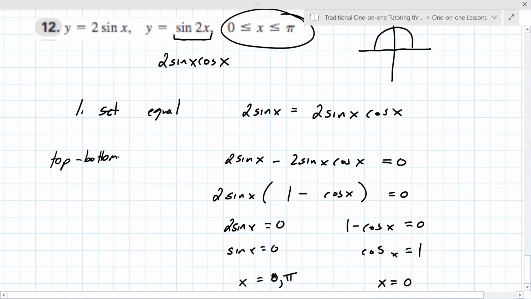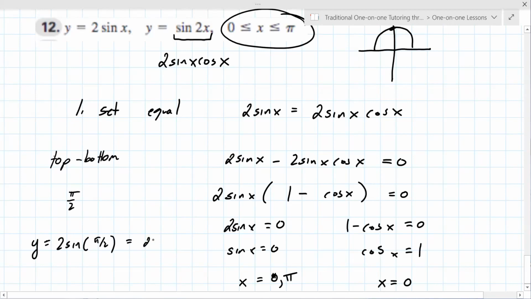Okay, so in terms of figuring out which is the top and which is the bottom, I know you could graph this one, but let's just say you didn't. You'd want to pick something in between, like pi over 2. We already found that they only intersect at the endpoints. So you would ask, what is y equals 2 sine pi over 2? Sine of pi over 2 is up here at 90 degrees.